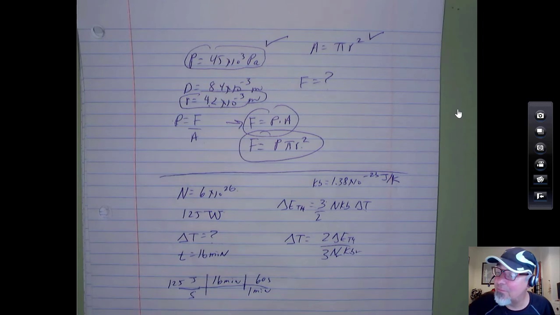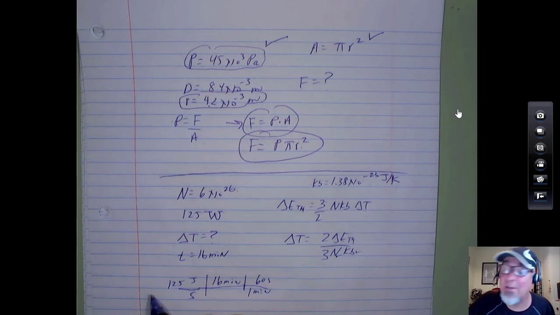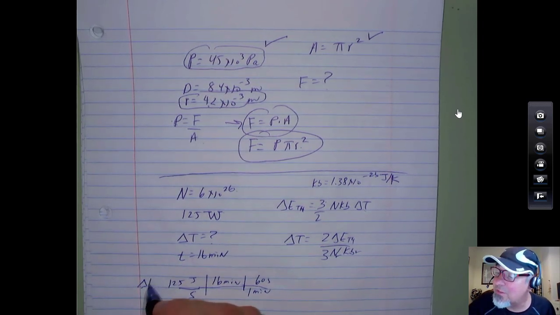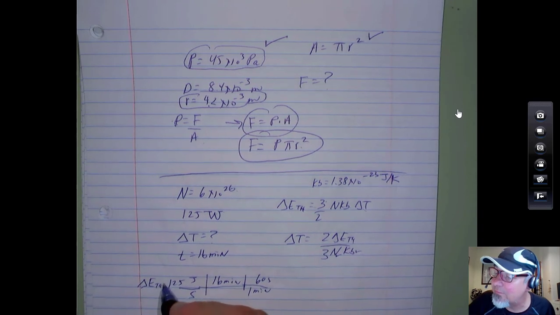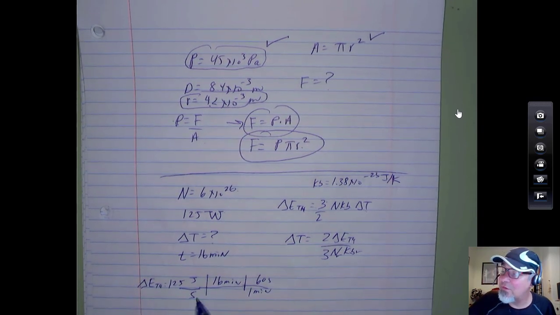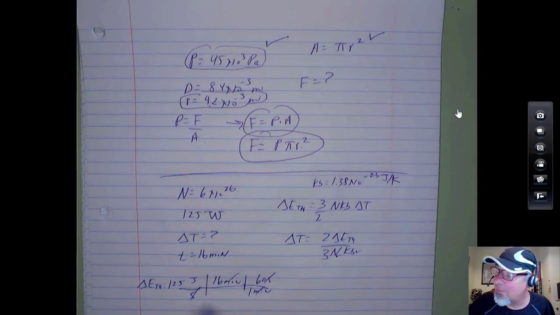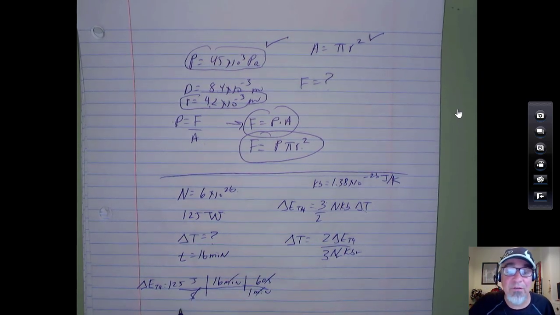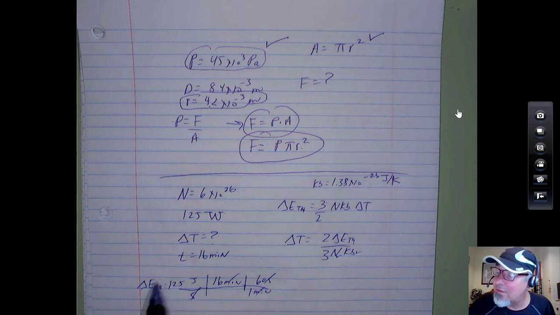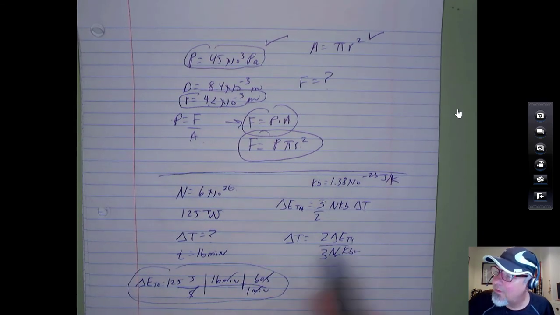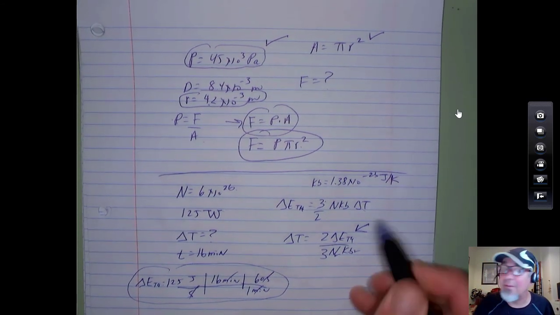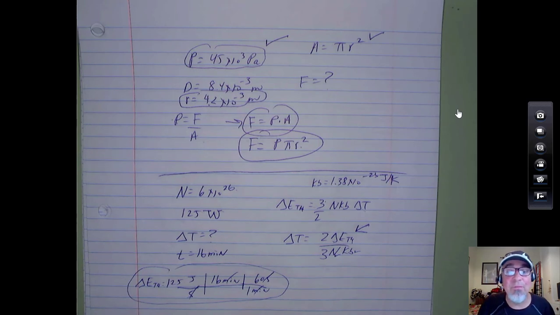That's how much we're assuming all that energy goes into speeding up the particles. So 125 joules per second. You can see the seconds cancel out, the minutes cancel out, and then you're just left with the change in thermal energy here. So you'll need this to go in here, and then you have everything, and you'll have the change in temperature.